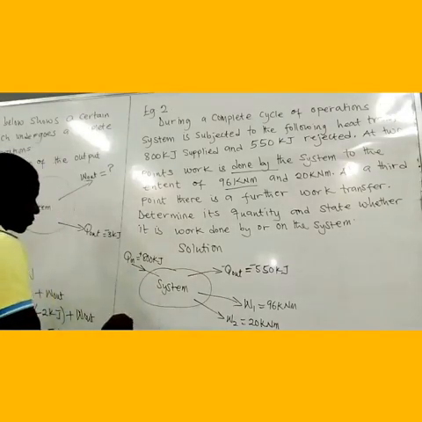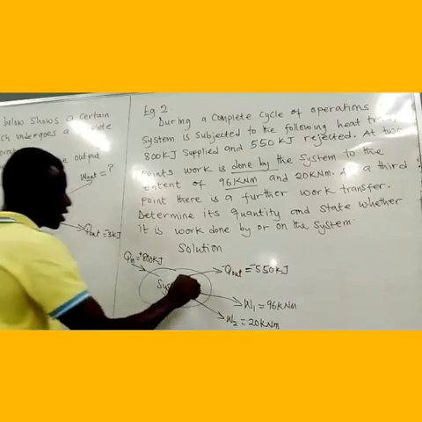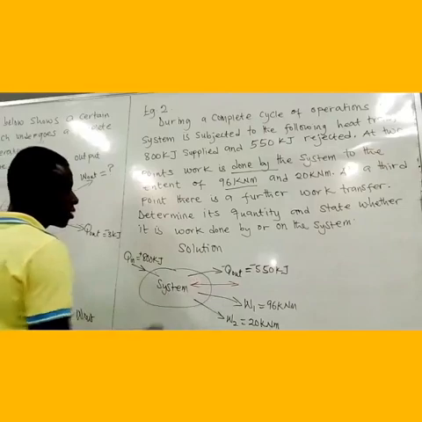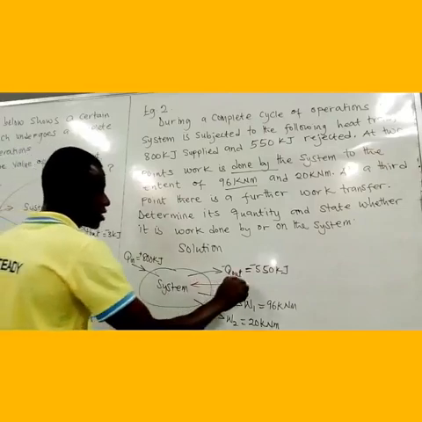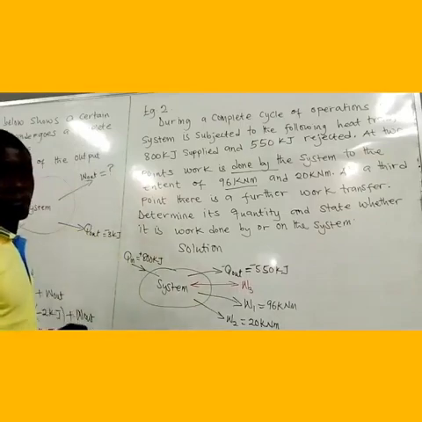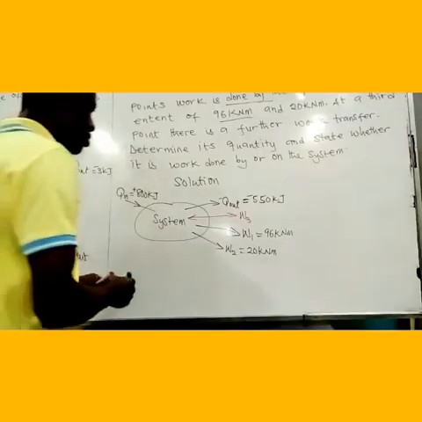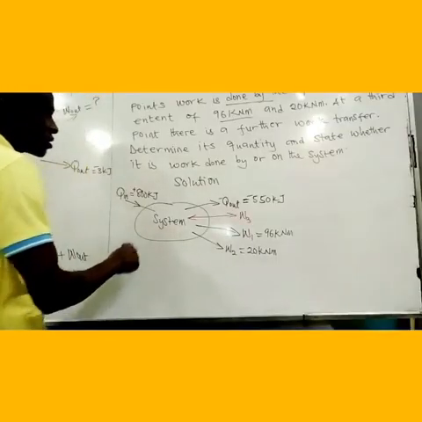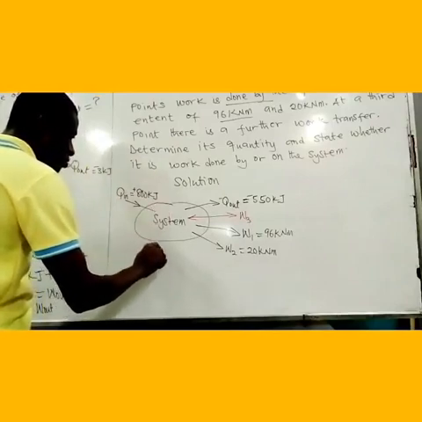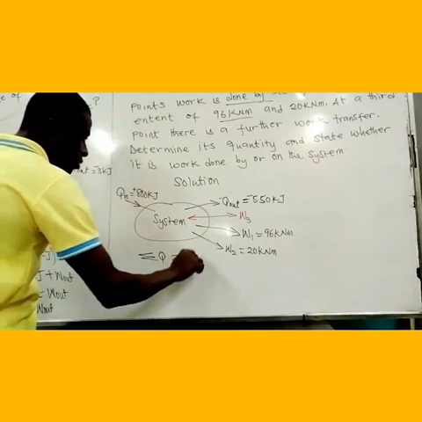We have the third work. We don't know whether it's work done by or work done on. So there's the third work, work 3. Now let's look at this. This is still under the first law. So summation of heat is equal to summation of work.